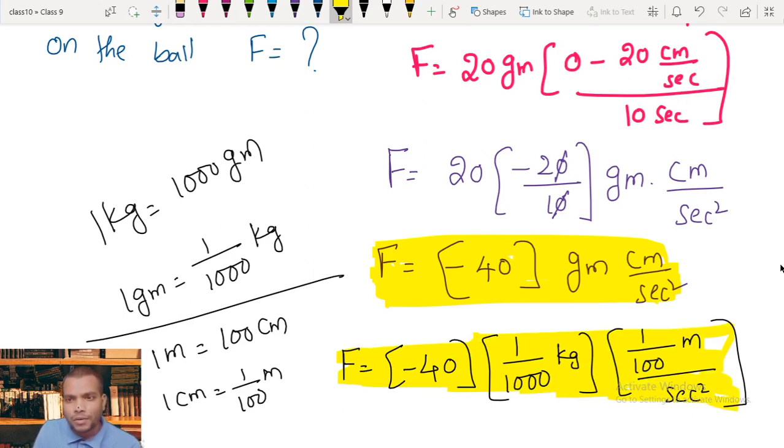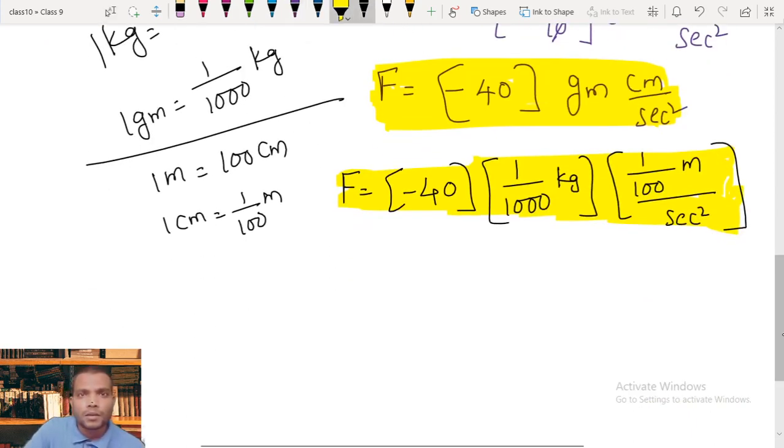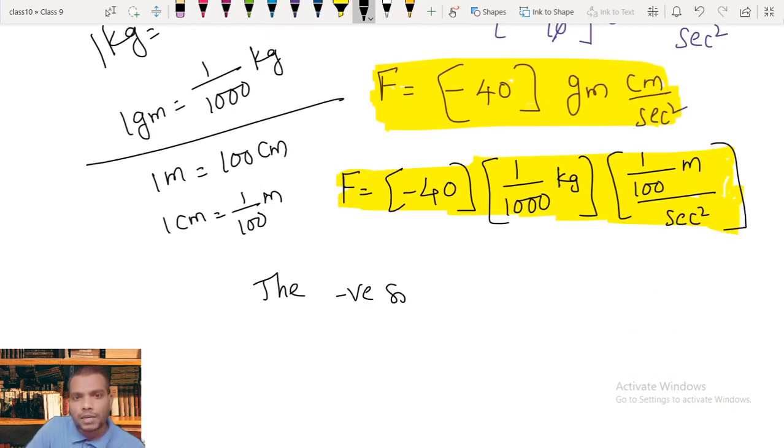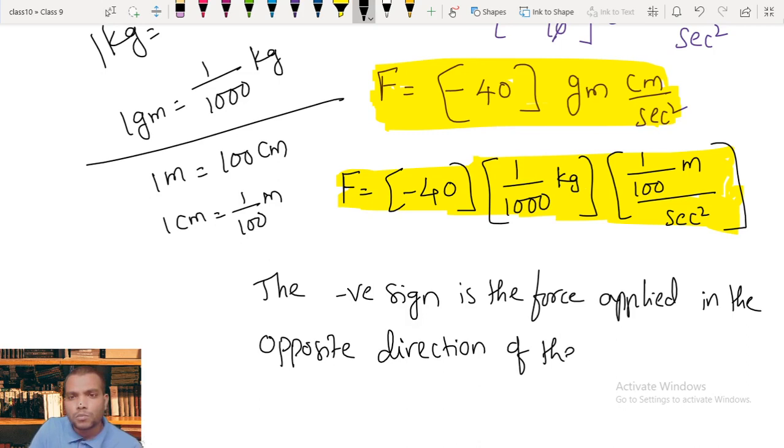Now here again we got a negative sign. What does the negative sign tell us? The negative sign means the force is applied in the opposite direction, the opposite direction of the motion.